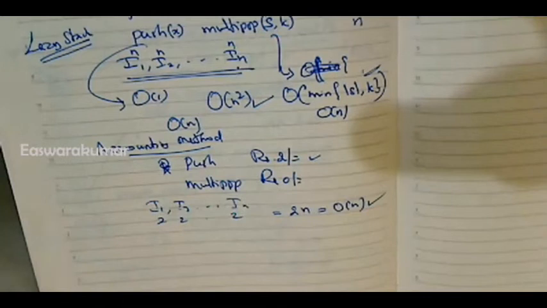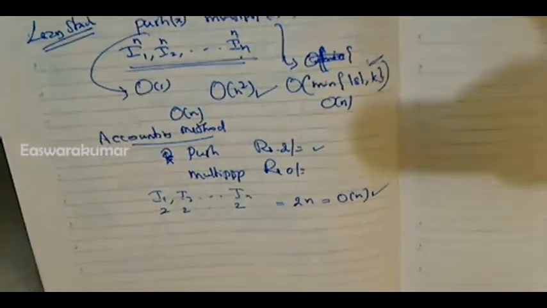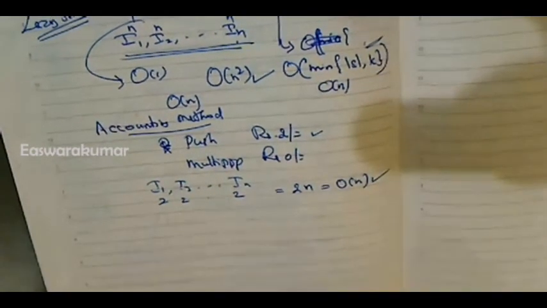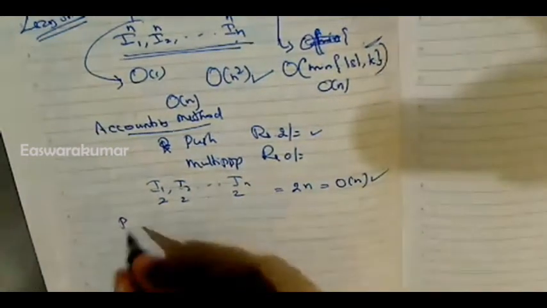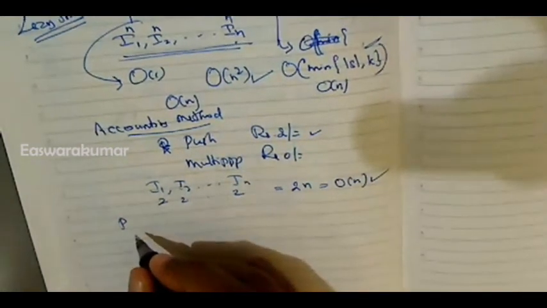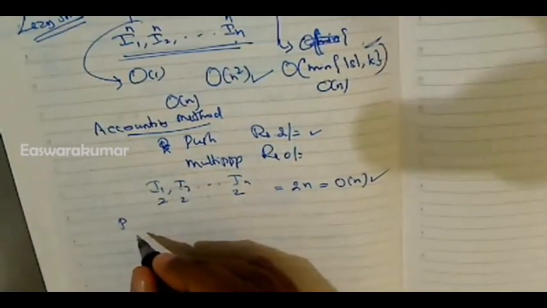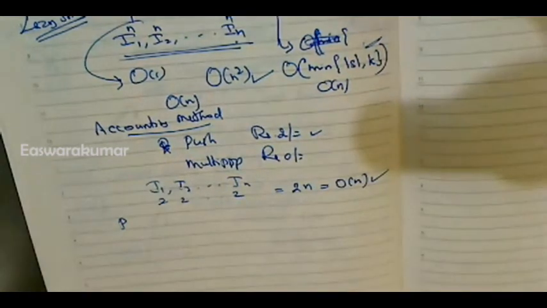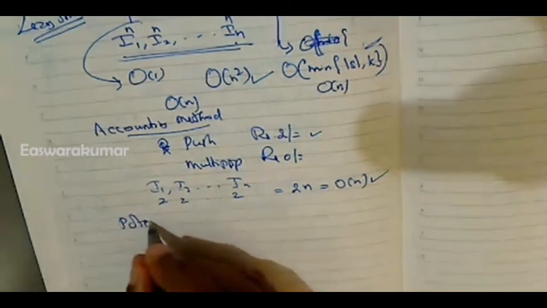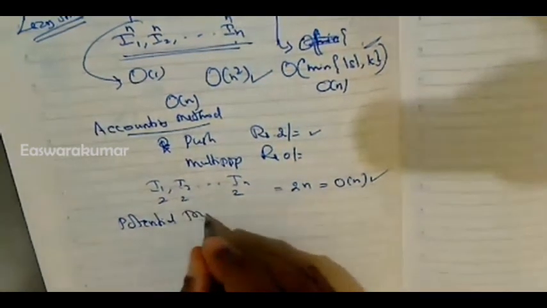And this can also be done in another way, one more way, which is called the potential method. This is also a standard method. Anyway, it may not be in your syllabus, but when you go for advanced algorithms, this may be required.